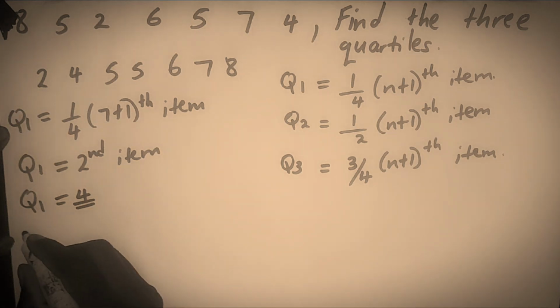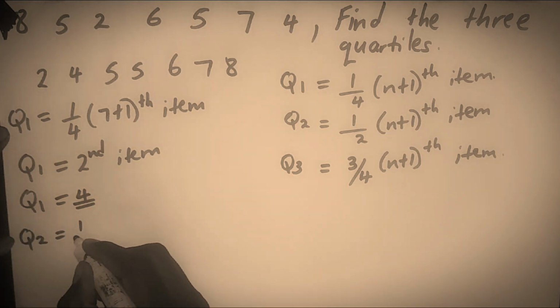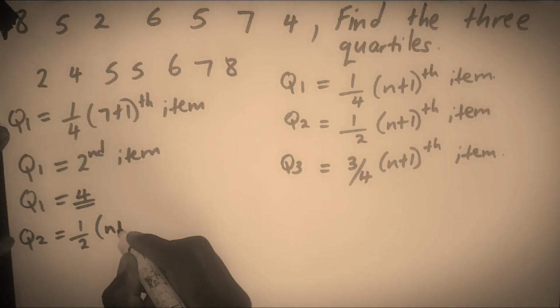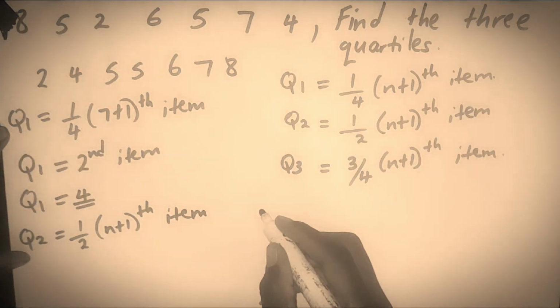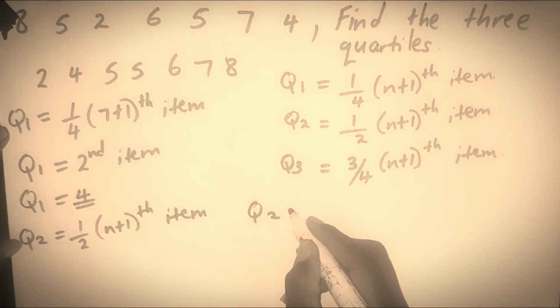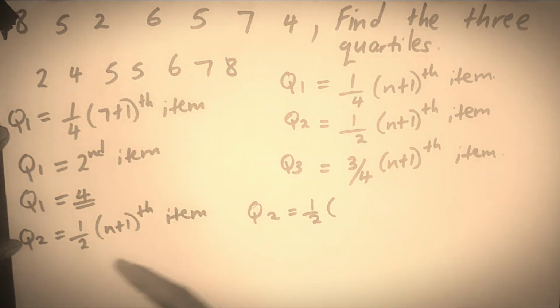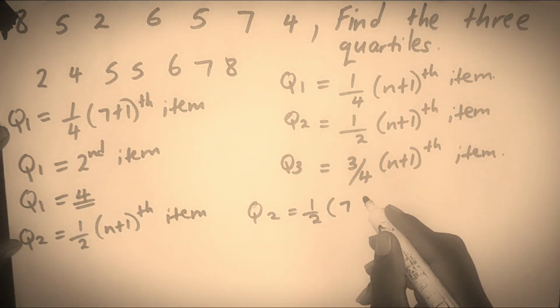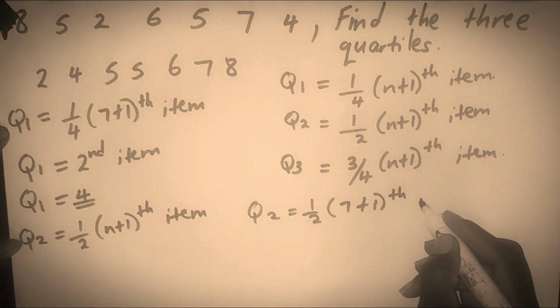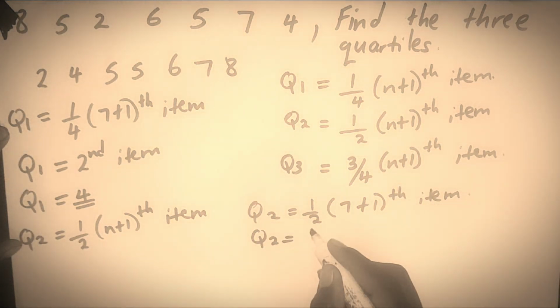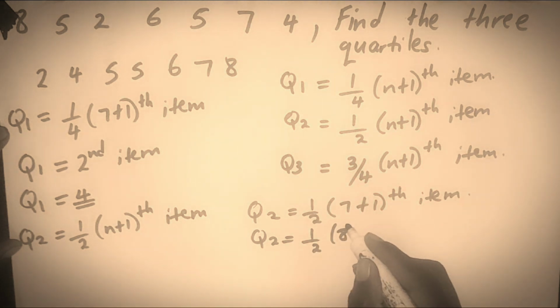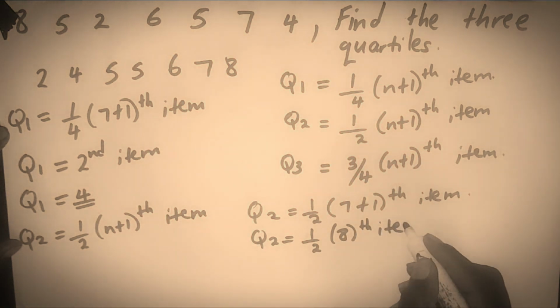And then let us move on to the second quartile. The second quartile is equal to half of n plus 1 the item. We know that our n is 7, plus 1 the item, so that is the 8 the item.